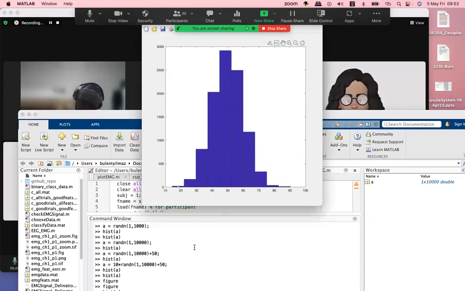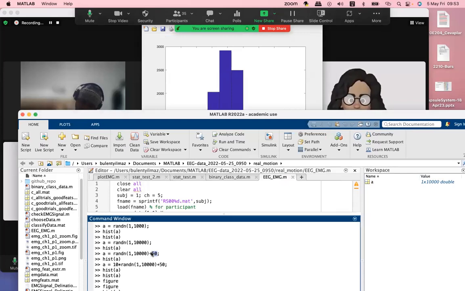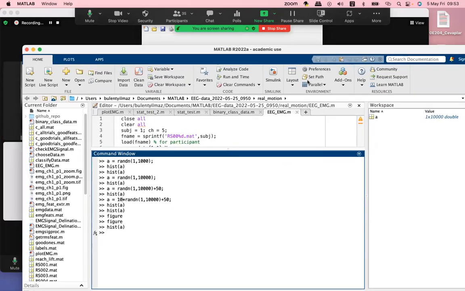And I know that the distribution has 50 mean and 10 variance or standard deviation. Okay, so how can I go back to my original distribution?